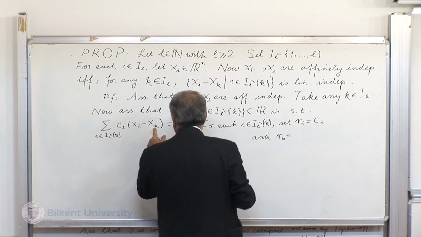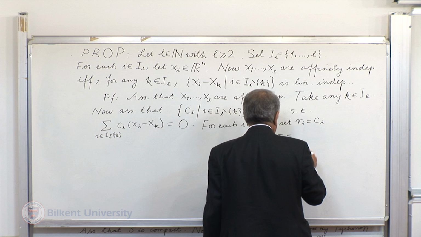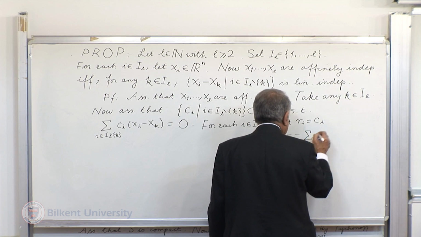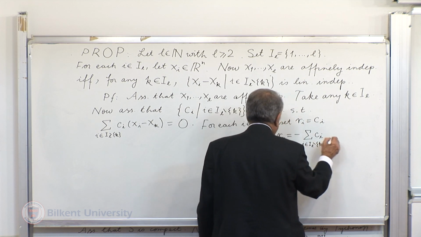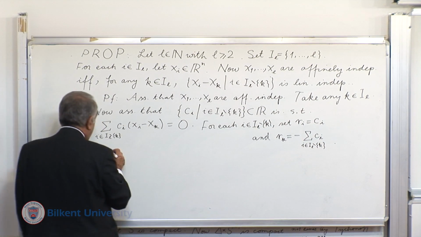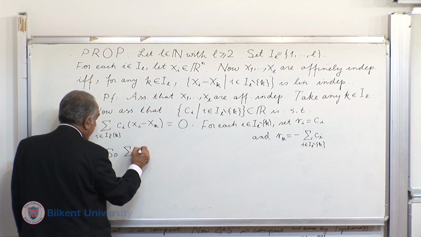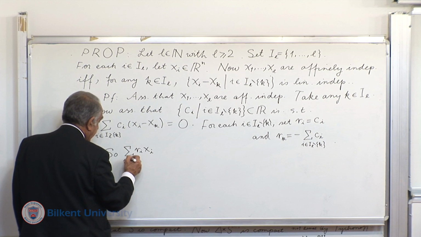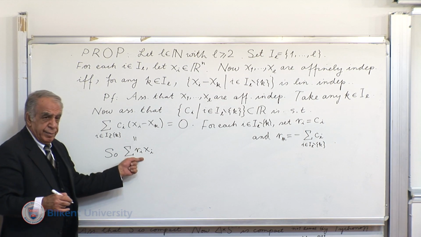So the overall coefficient of x_k in this whole sum is minus the sum of c_i's, i in I_L minus k. So I can write this sum as this.